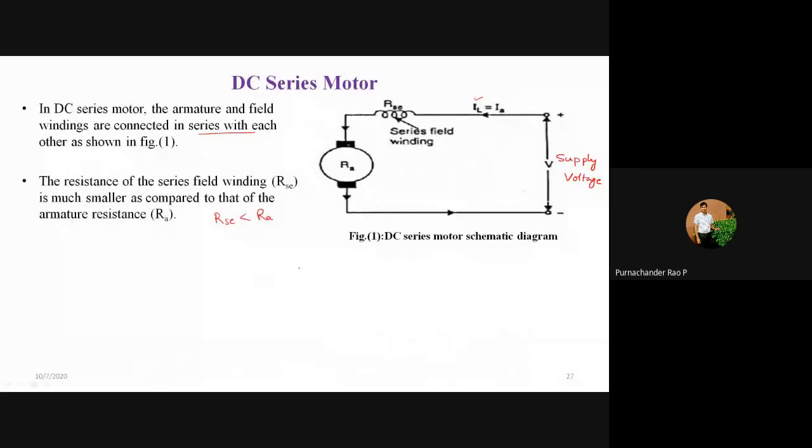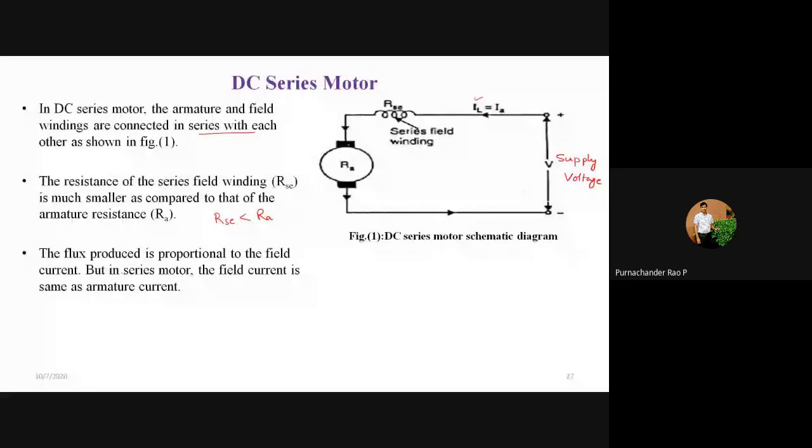Therefore the flux produced is proportional to the field current. In series motors the field current is the same as the armature current, so the flux is proportional to IA. So here the line current IL is equal to IA.